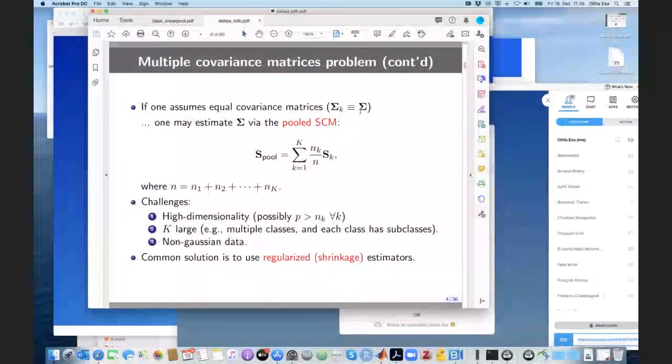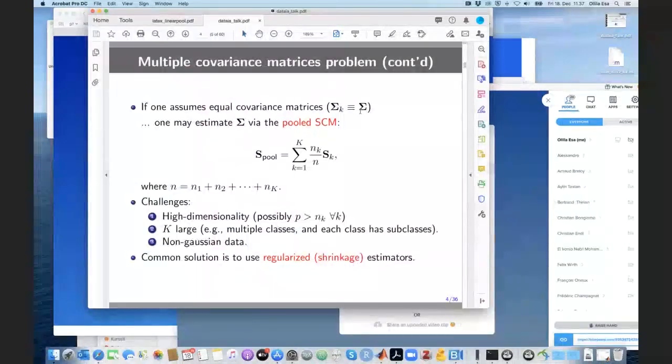For example, if the population is measurements on a cancer, and there are several different classes of cancer, then each class of cancer can be divided into subclasses. These subclasses would have similar, but slightly different, correlation structure, and then you would end up having a large number of different populations.